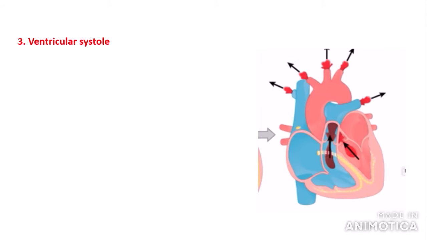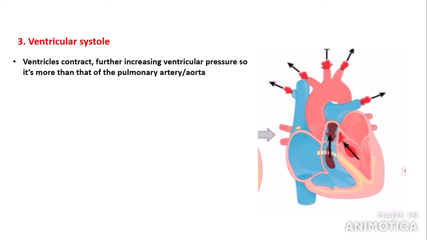So the final step is ventricular systole. Ventricular systole is when the ventricles contract. They contract harder than the atria as they have thicker muscular walls. This further increases the ventricular pressure, so it's more than that of the pulmonary artery in the case of the right side or the aorta in the case of the left side.